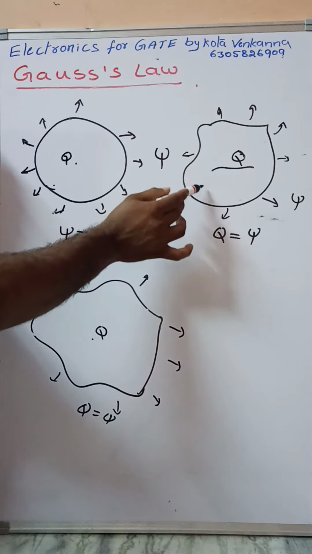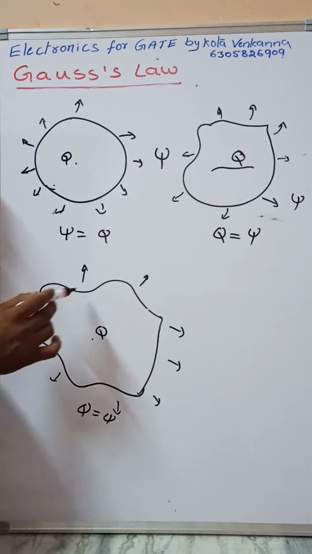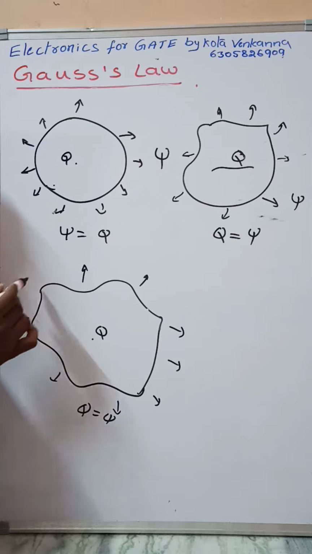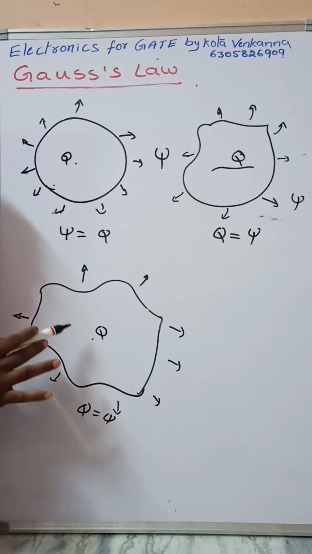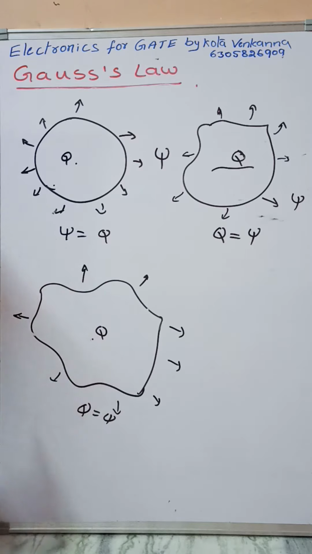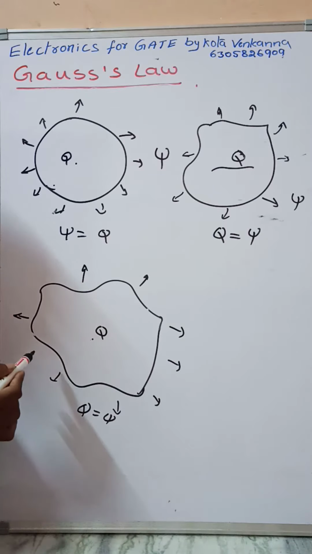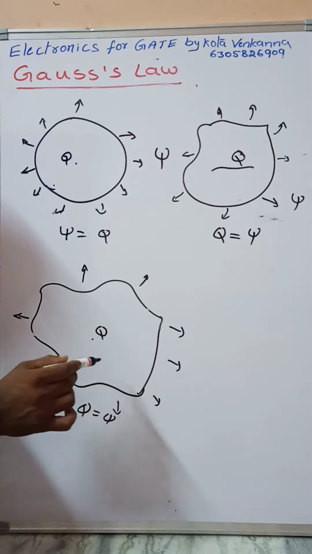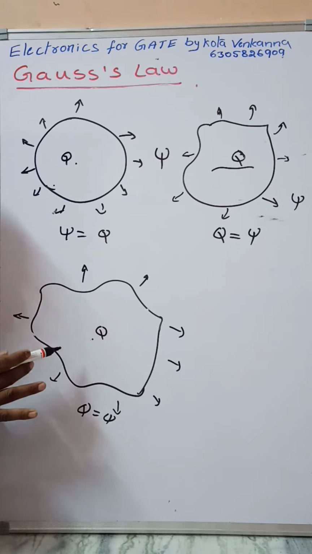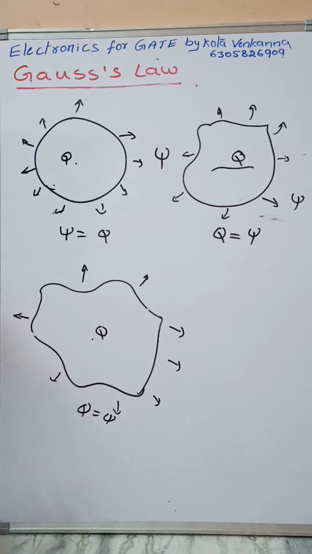Next, an irregular enclosed surface: the charge Q inside it emanates flux around the irregular surface, that is psi. Here also Q is equal to psi. This is the statement of Gauss law.